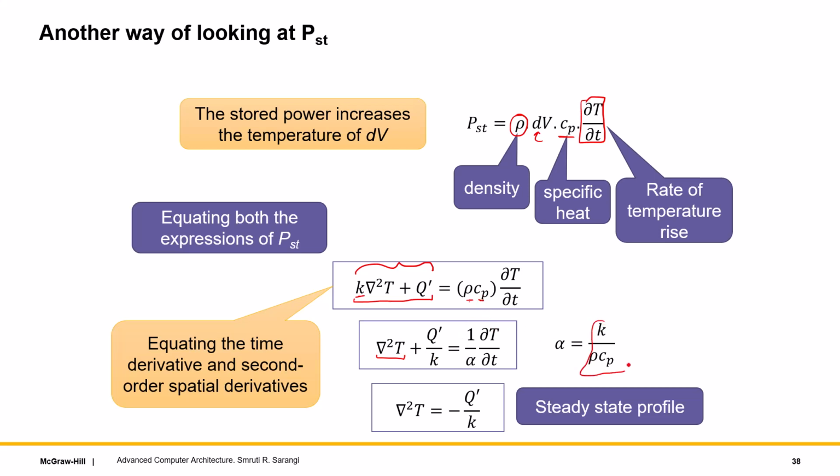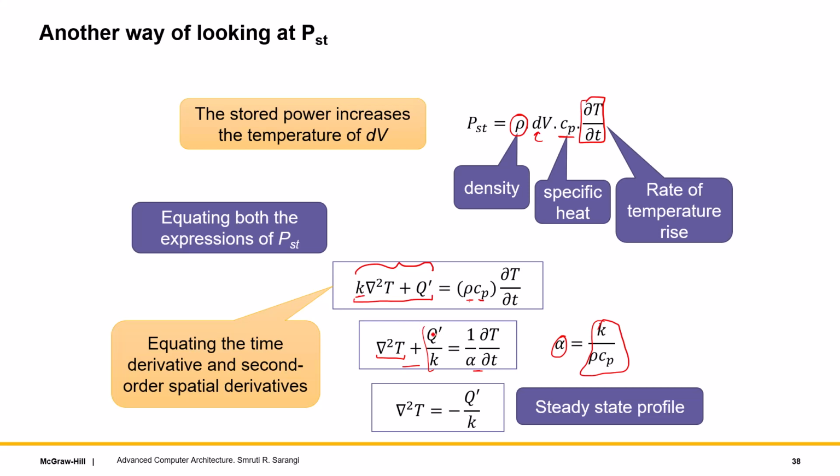So k by rho Cp has a specific name. This is known as alpha. So essentially nabla square T plus Q dash by k is equal to 1 by alpha del capital T by del small t, temperature derivative. So a spatial derivative is equal to a temperature derivative is the key equation that we just derived.